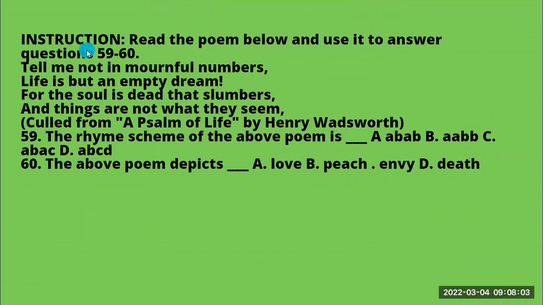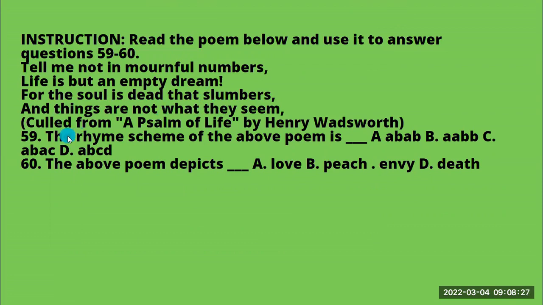Now this is another instruction. Read the poem below and use it to answer questions 59 and 60. Now, let's look at the poem. Tell me not in mournful numbers. Life is but an empty dream, for the soul is dead that slumbers, and things are not what they seem.